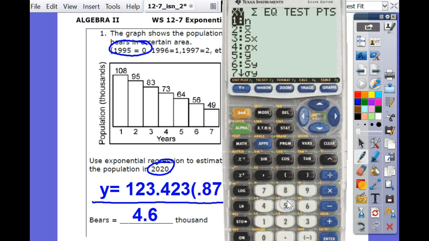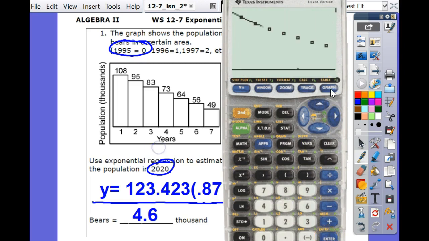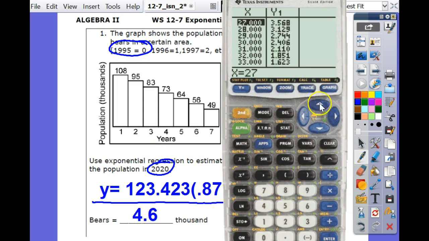Vars 5, arrow, arrow, enter. Now do you see the line going right through my data points? I should say curve because it's not a line. Okay, so second, I need 25 years. In 25 years, there's 4.6 plus some more decimals.